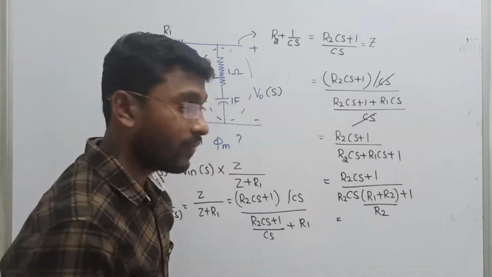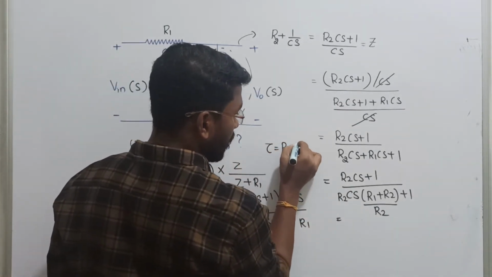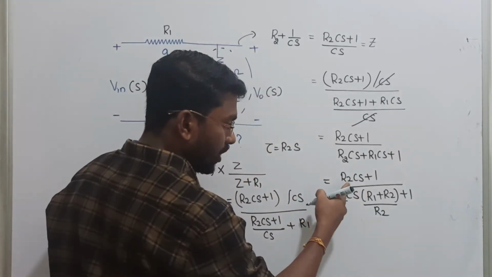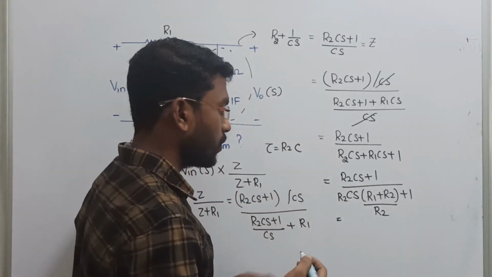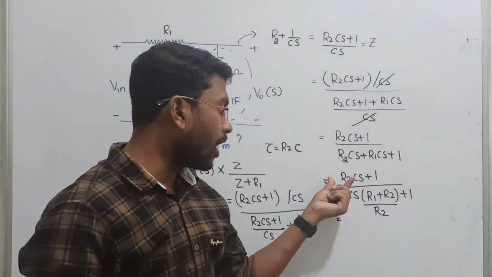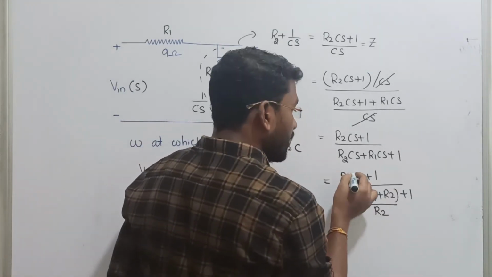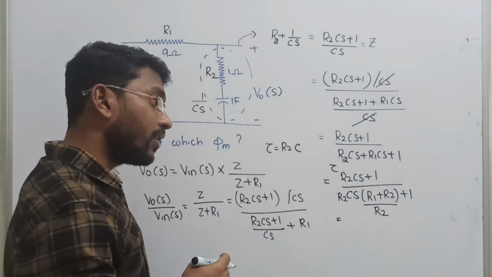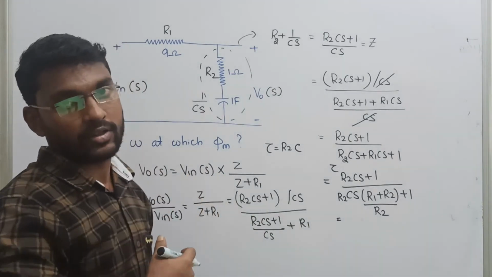Like that, in our transfer function, tau is going to be considered as R2 into C. Time constant, guys, I made a small mistake. The time constant R2 into C can be replaced by tau, and then this total term can be replaced by alpha, the attenuation factor.